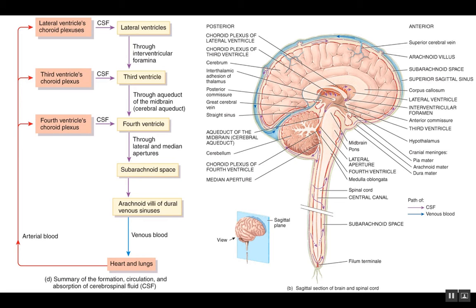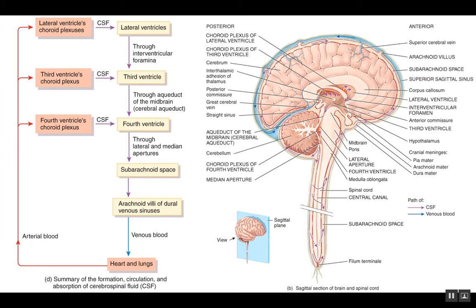So wherever you see purple arrows, that's cerebrospinal fluid. So where do you have cerebrospinal fluid? Lateral ventricles, third ventricle, through the aqueduct into the fourth ventricle, through some little holes called apertures to get into the subarachnoid space, and then finally, you have to return it back to the bloodstream because it circulates.